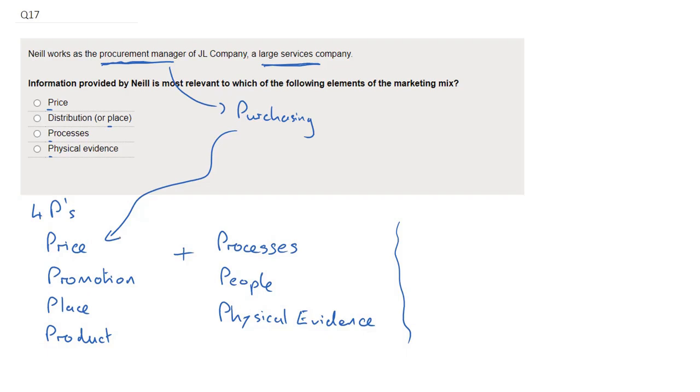The price of the services that JL will offer will be influenced by Neil's role as procurement manager. The best answer and the correct answer is price.